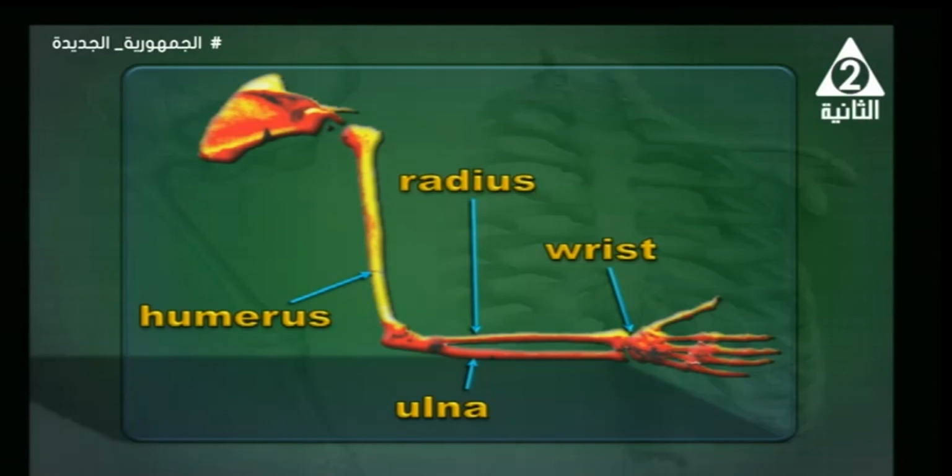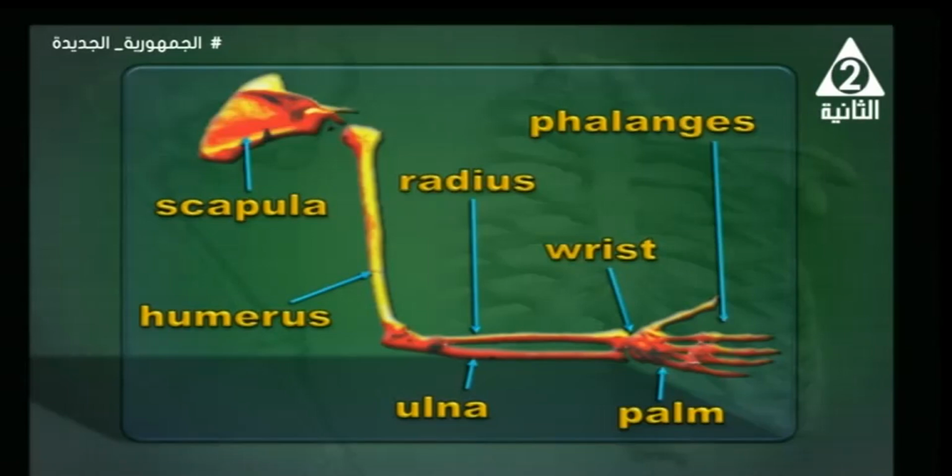There are 5 long thin bones, and we call them metacarpals. After you finish the 5 long thin bones, you're going to start with the phalanges.